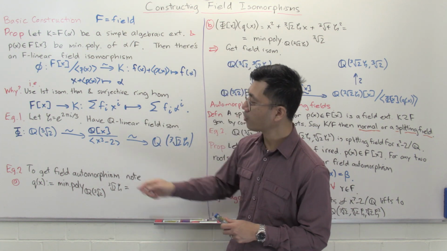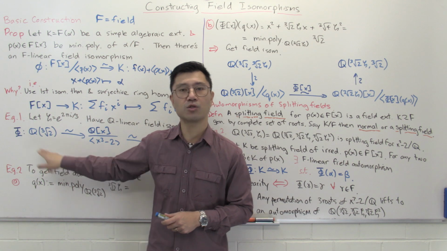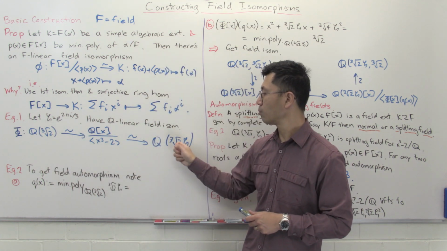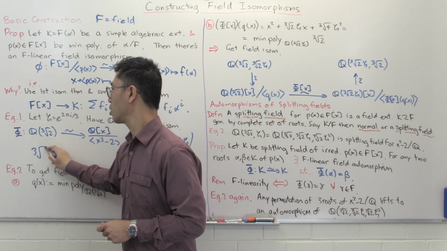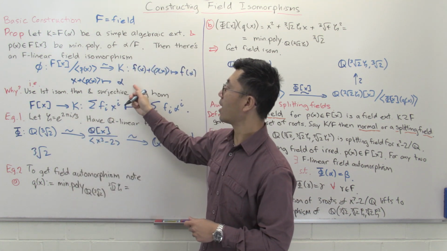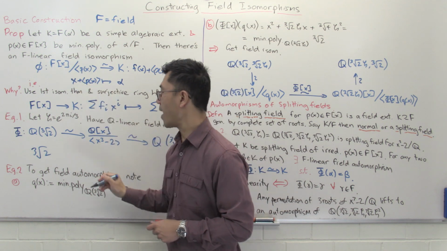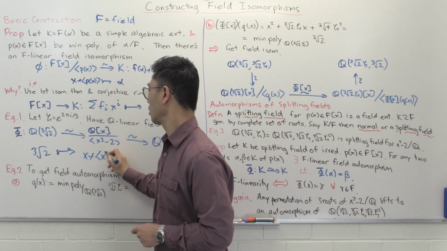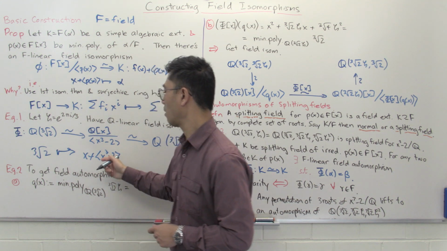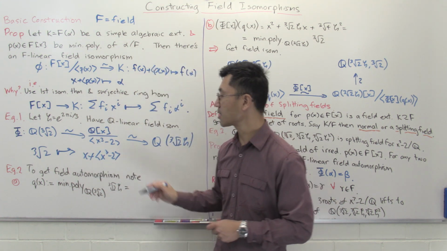So now we get a field isomorphism from Q adjoin cube root of 2 to Q adjoin cube root of 2 times zeta. And what this does is it will send this cube root of 2, remember this alpha here gets mapped to the x, this corresponds to the coset of the ideal given by x.